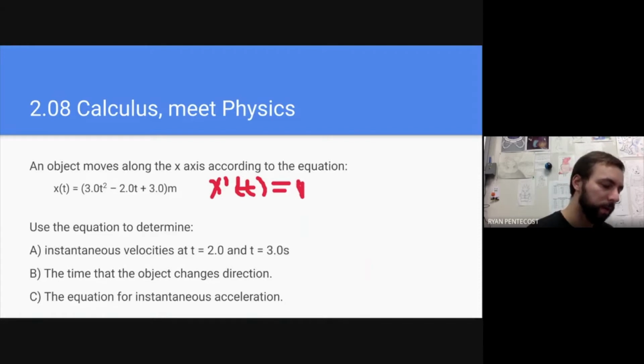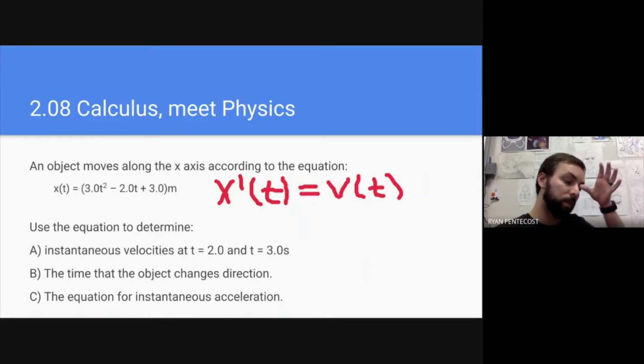Oh, that's bad. Oh, I can't erase in this program. Blame Google Slides. That's even worse. x prime of t equals v of t. So if you take the derivative of position, you get velocity.